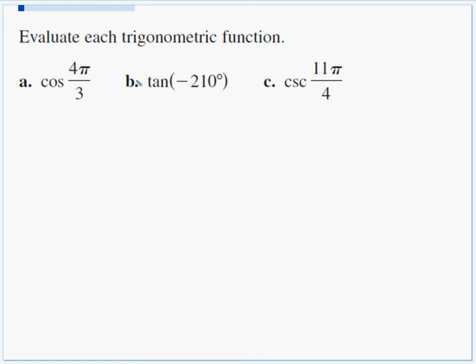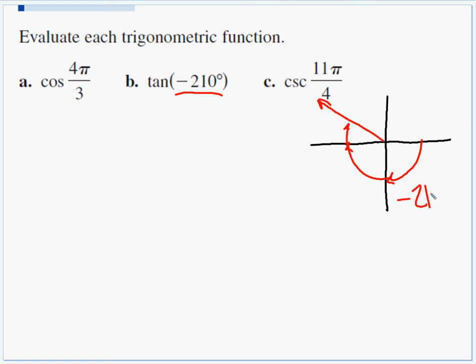Letter B, tan of -210. So this would be -90, -180. I need to go a little farther. If I go to here, -270, I've gone too far. So this is my -210. I want the quickest way back to the x-axis.